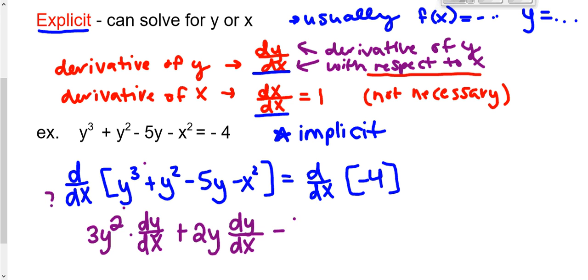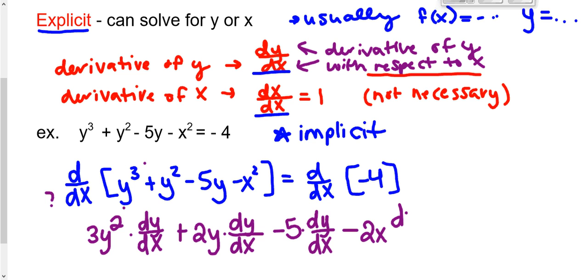The next one, we have negative 5y. When we take the derivative, we just have negative 5. We took the derivative of y with respect to x, so we're going to write that again. All these technically are times. Now we have minus x squared, so the derivative is 2x.